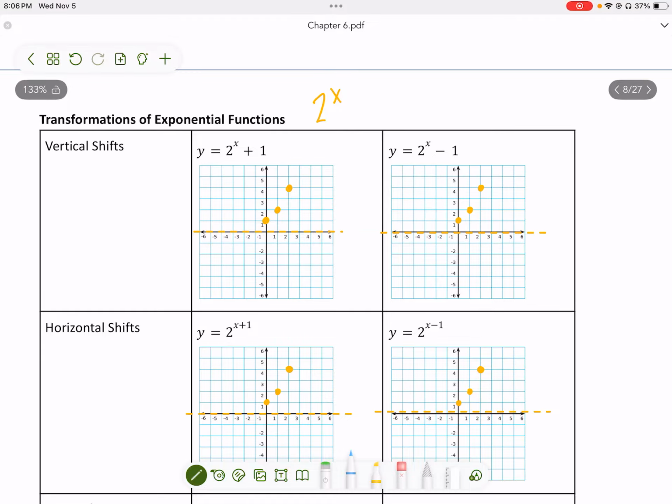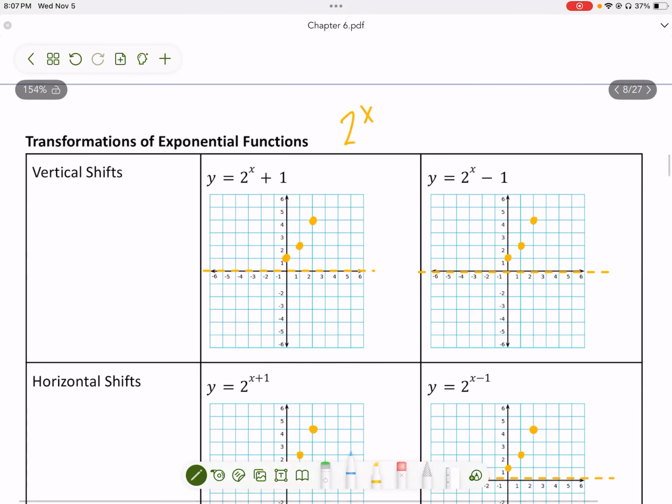Let's talk about transformations. I went ahead and had my parent function drawn of 2 to the x so that I can kind of focus on my vertical shifts and horizontal shifts and all my transformations. So looking at this, it's a table you've seen a million times. It's just a different function. We are going to be moving up one and down one. So we're going to move up and we're going to be moving down.